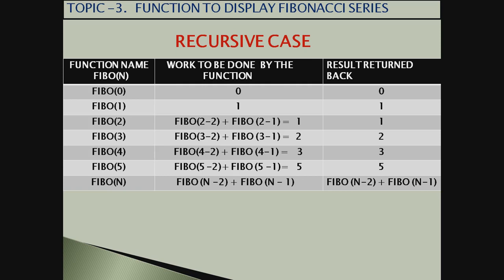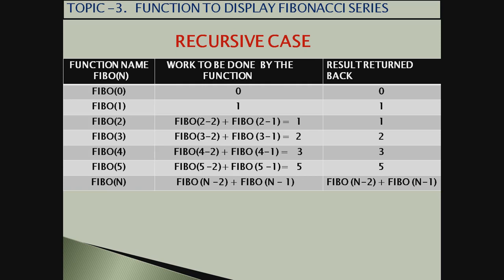Now students, let us go to the generic case. That is the case for which we are working, that FIVO_n. So you can well see that FIVO_n would be actually calling FIVO_n minus 2 and FIVO_n minus 1 and then summing up the result. You can see this given expression we have got by observing the expression above it.